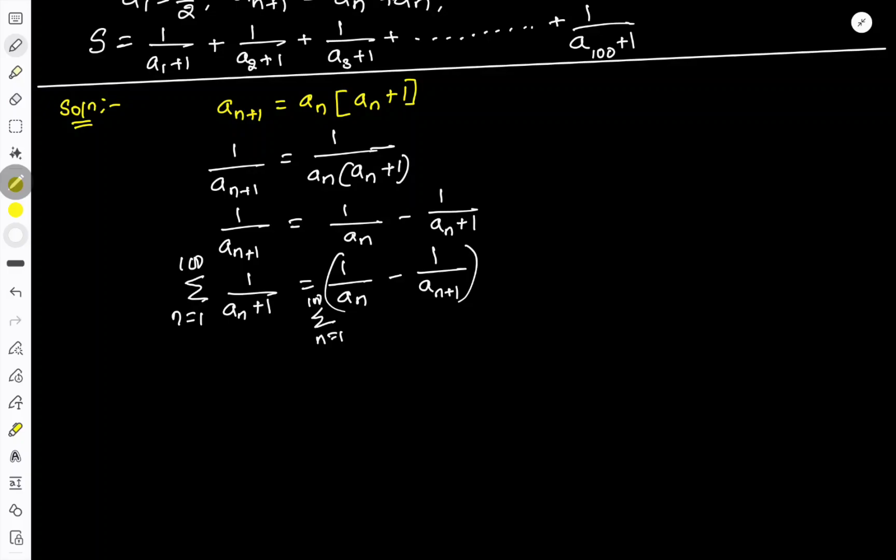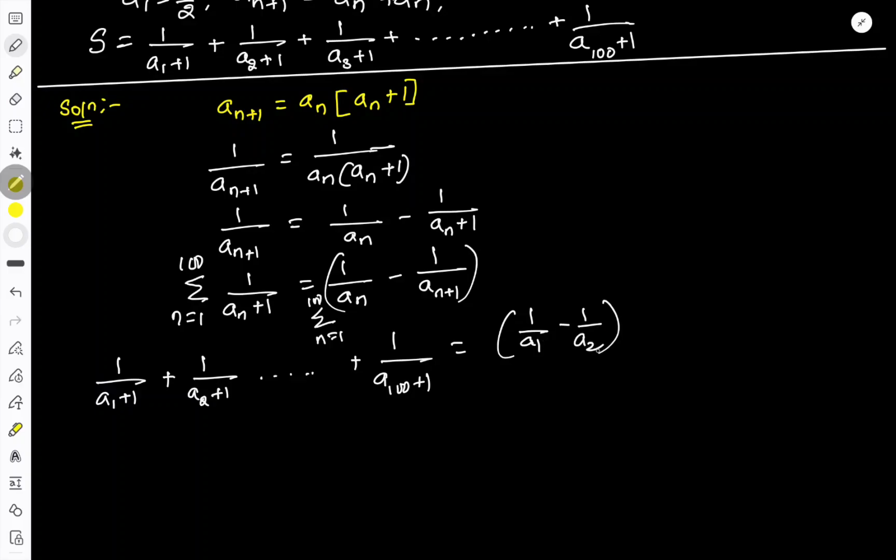And what happens in the left hand side is 1 by (a1 plus 1) plus 1 by (a2 plus 1), and so on up to 1 by (a100 plus 1), which is equal to 1 by a1 minus 1 by a2 plus 1 by a2 minus 1 by a3, and so on up to the last term, 1 by a100 minus 1 by a101.